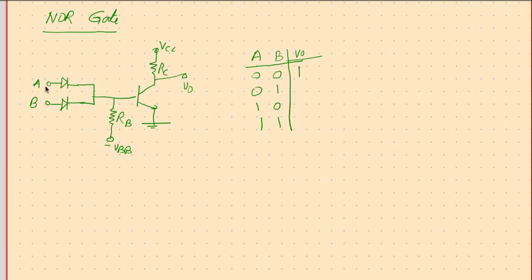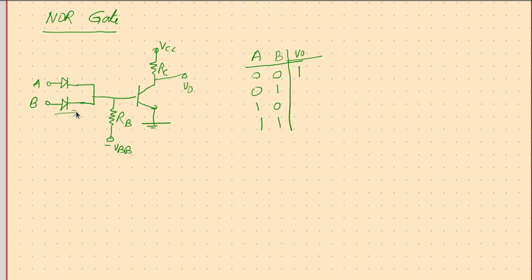When A is 0, so no current flows through A, but B is 1. That means the voltage at B is high, and because of which current flows through this diode.